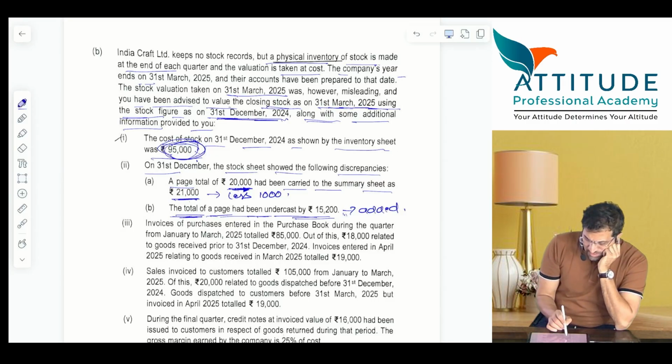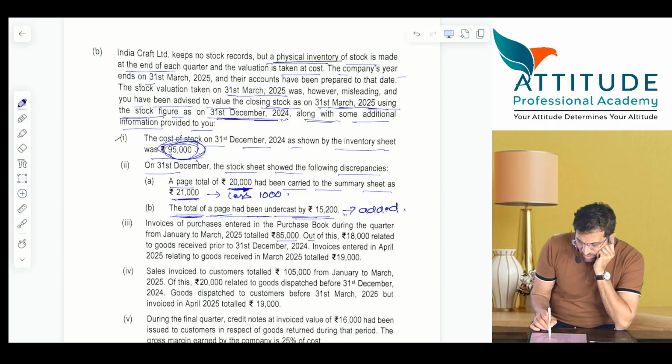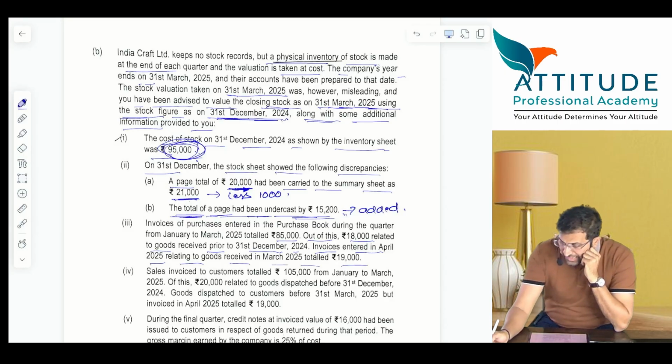Now I'll read this. Invoices of purchase entered in purchase book during the quarter from January to March 2025 total 85,000. Out of this, 18,000 related to goods received prior to how much? 31st December 2024. Invoices entered in April 2025 relating to goods received in March 2025 total 19,000.